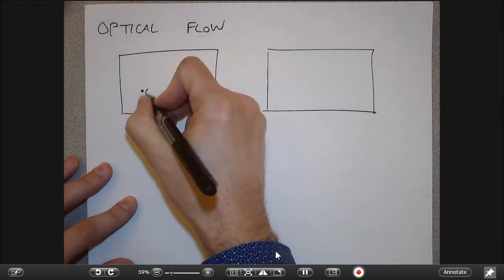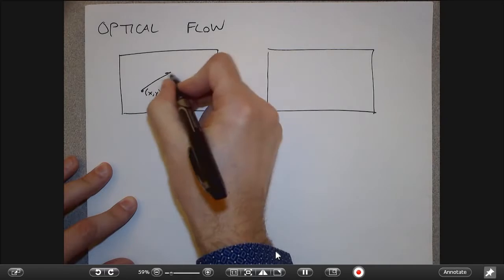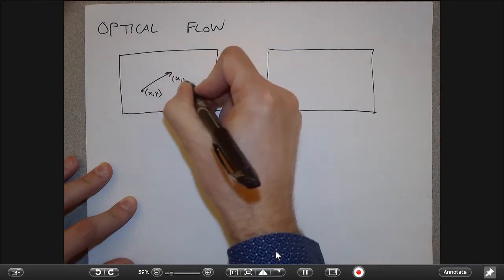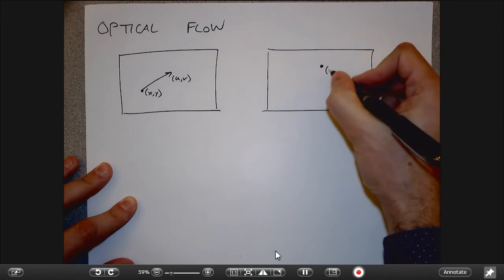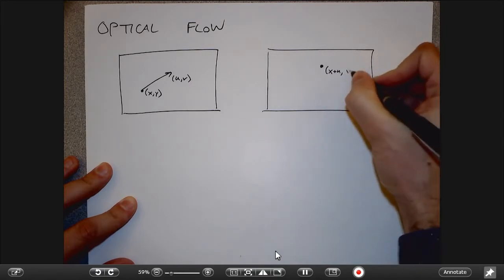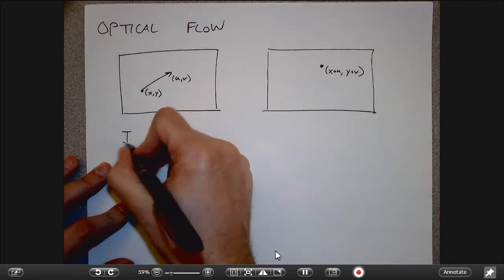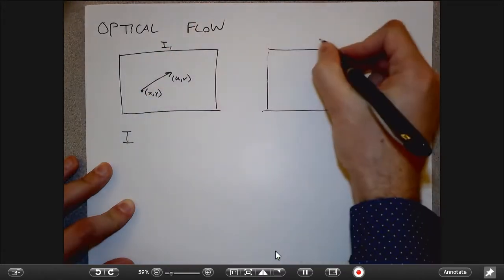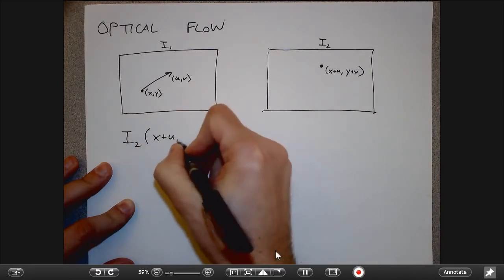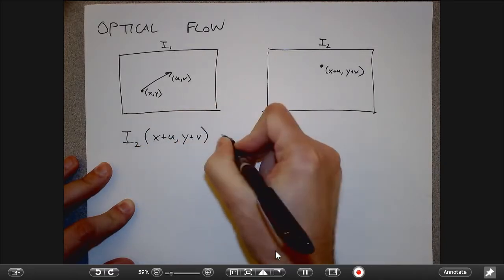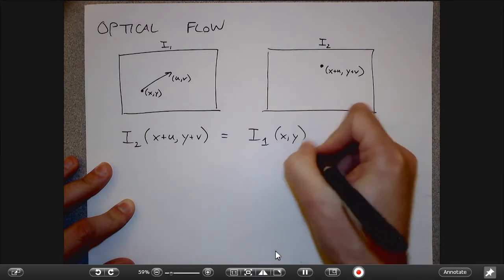That's like saying that at every pixel x, y, I have a vector, let's call it u, v, that points to some other location in image 2, which is at point x plus u, y plus v. And the idea is that if this is image 1 and this is image 2, image 2 at this location, the pixel intensities should be equal.